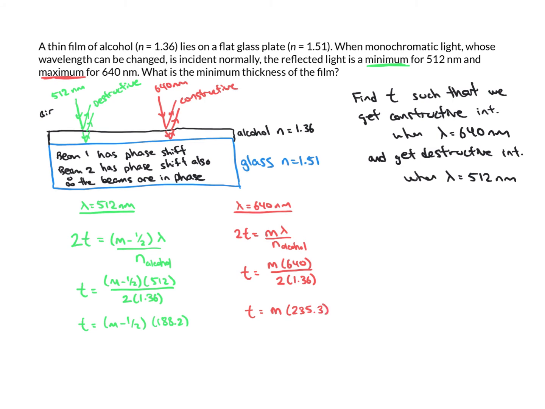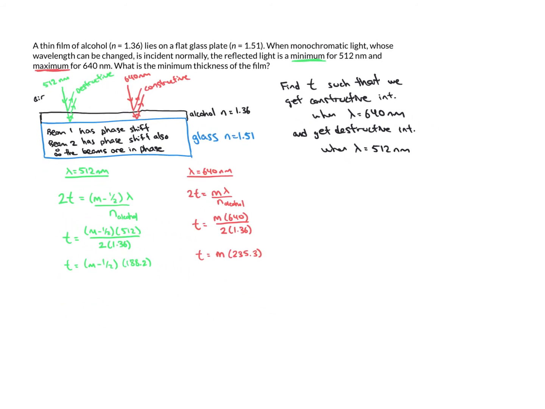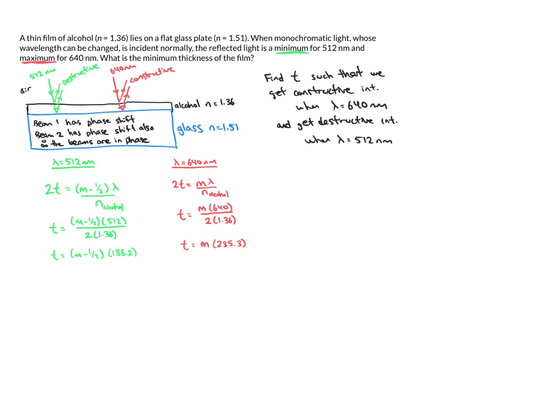So with these two equations, I can come up with possible thicknesses for each side, until I can find a common thickness. That will be my strategy. So, green. I'm going to make a table of values here.